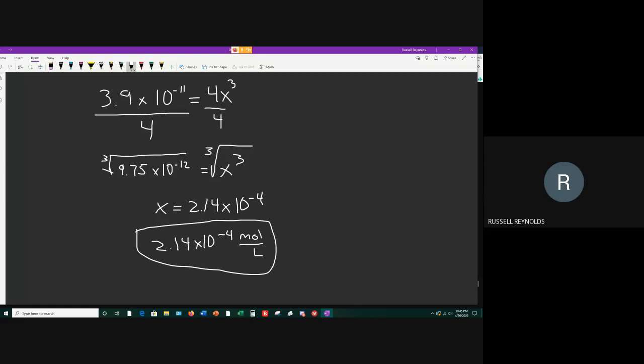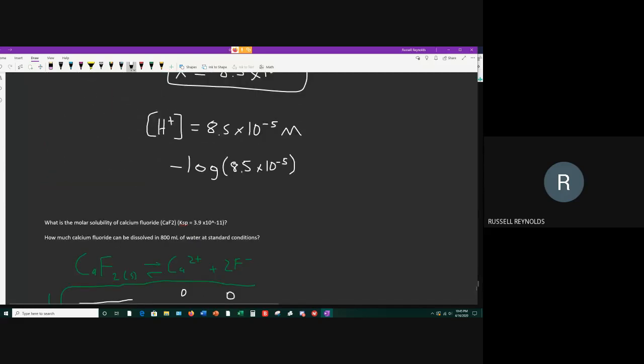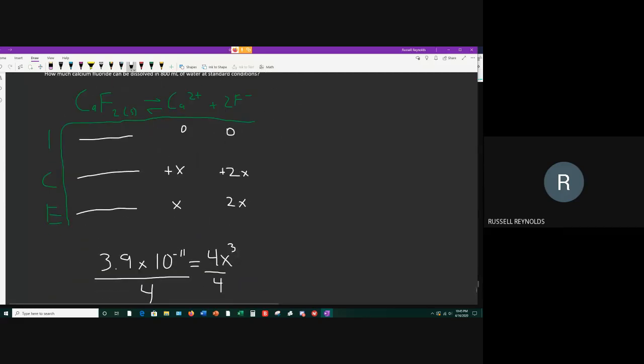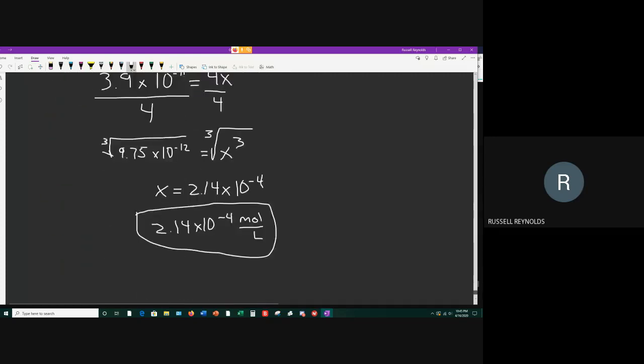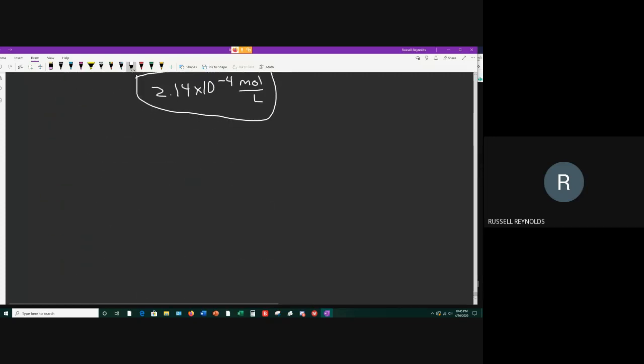So now that we've gotten this solved, we need to revisit the second part of the question. And the second part of the question is, how much calcium fluoride can be dissolved in 800 milliliters of water at standard conditions? So to do this, we'll need to do a little stoichiometry.